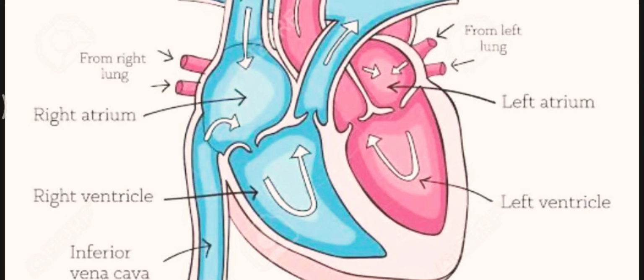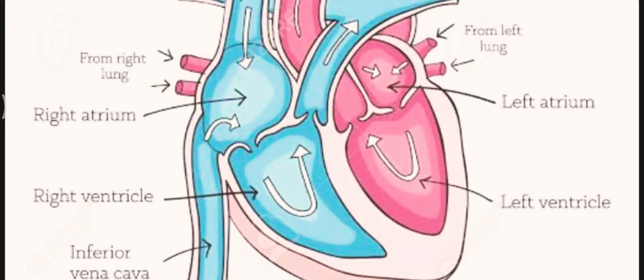Now, the openings of these septums are guarded by a valve. The right side has the tricuspid valve. Why is it known as tricuspid? Because it is formed of three flaps.